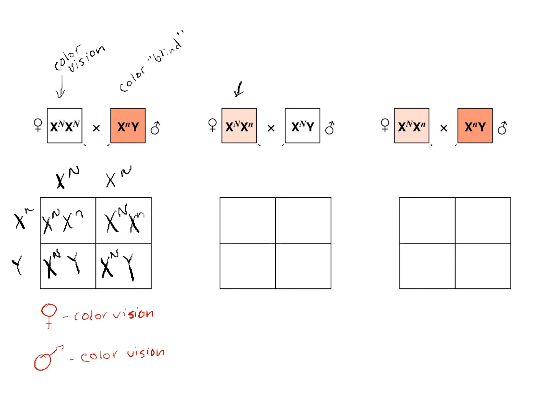So in this example, we have a woman with color vision. She can differentiate between red and green. And then we have a male who also has color vision. Okay, so let's go through this Punnett square.